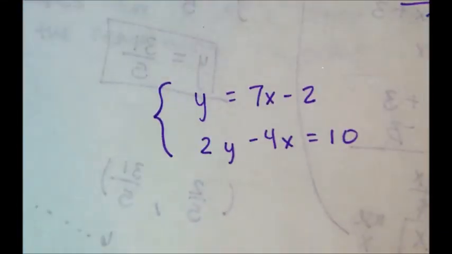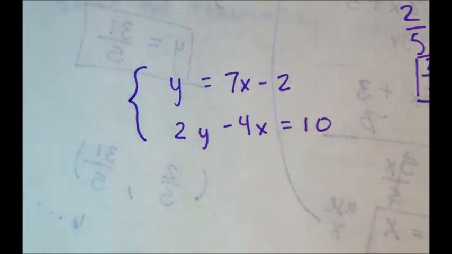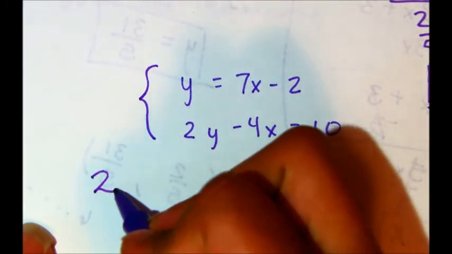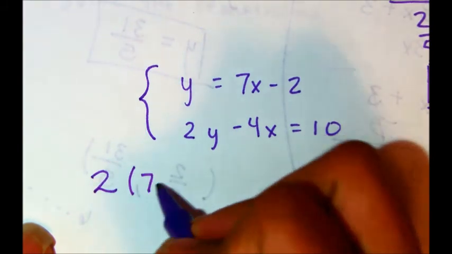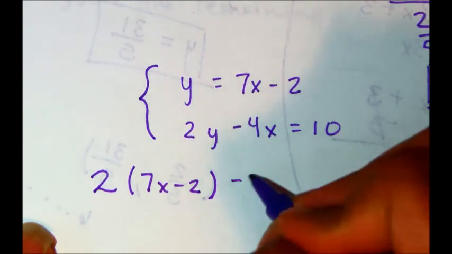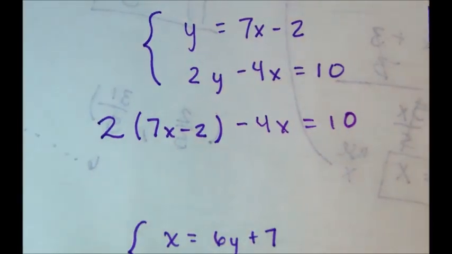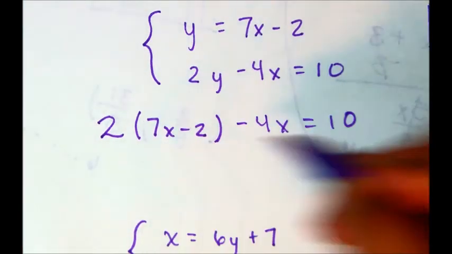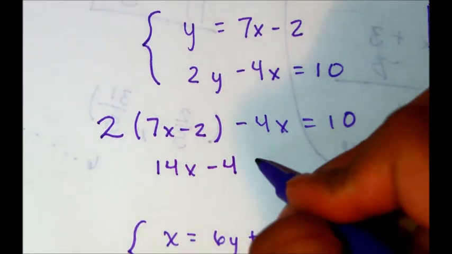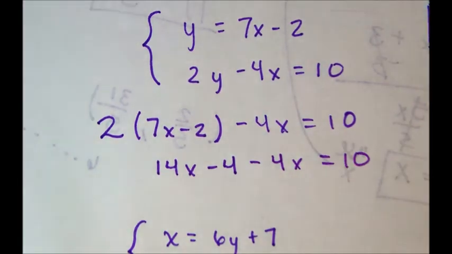Well, let's take a look at this second system of linear equations. If I wanted to describe algebraically how to solve this using the elimination method, I notice that I have a term in y and a term in 2y. If I substitute my first expression into the second equation in place of y, I've actually eliminated the variable y. Then this transforms the equation to say 14x minus 4 minus 4x equals 10.